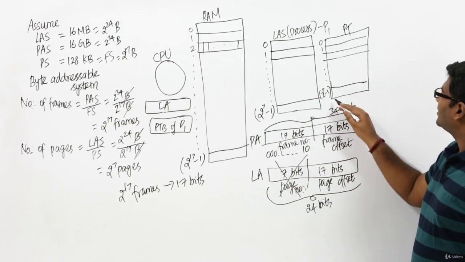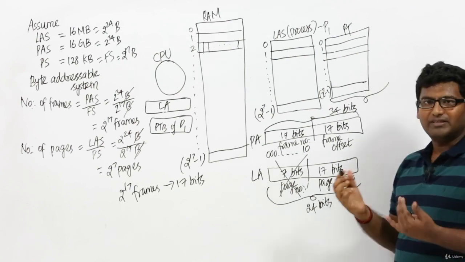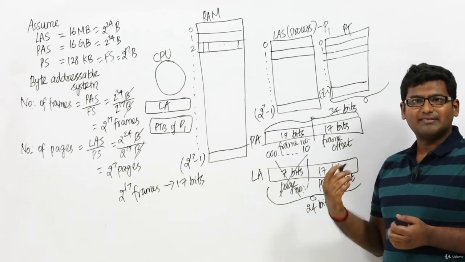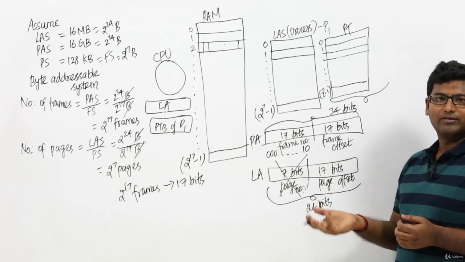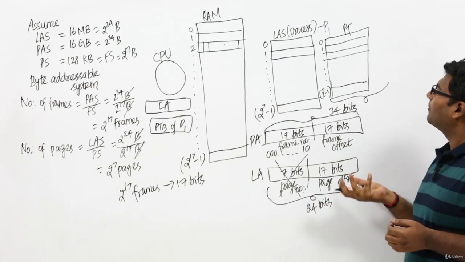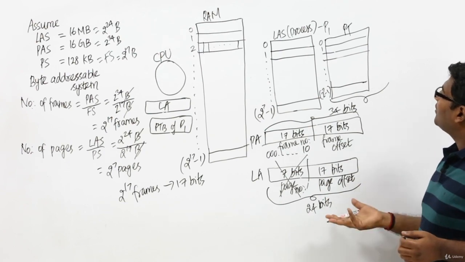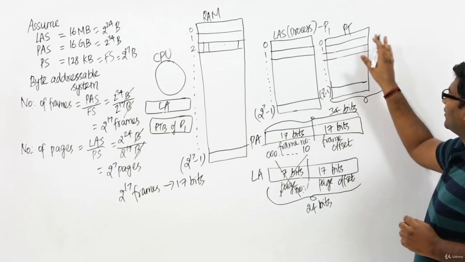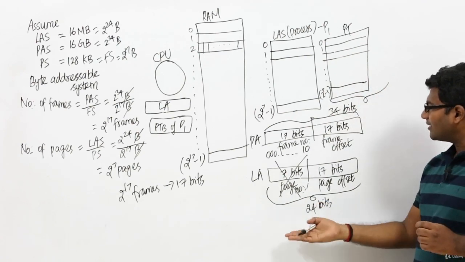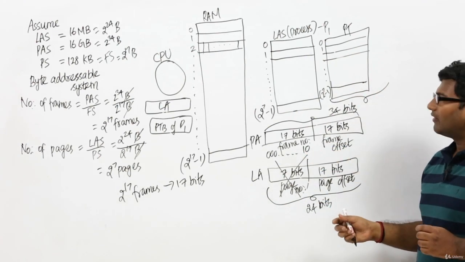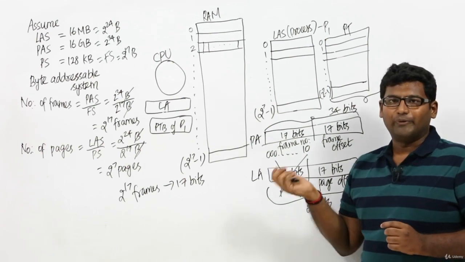Not just this page table, anything which is helping the CPU get the exact byte in order to execute, we call that a memory management unit. We call this page table a memory management unit because it is helpful in converting the logical address into a physical address so that the appropriate byte can be fetched and executed.